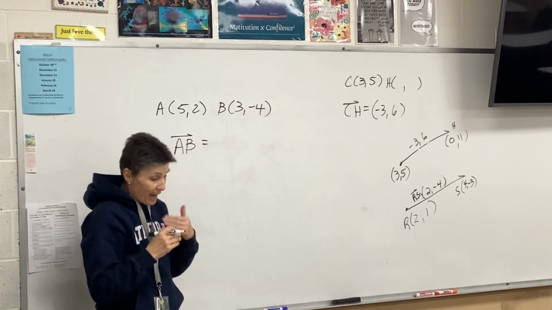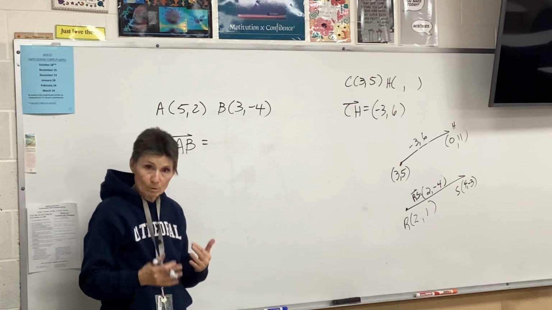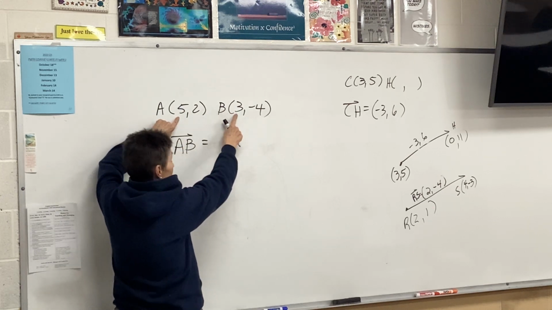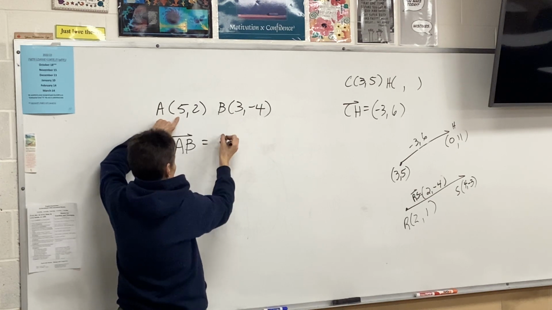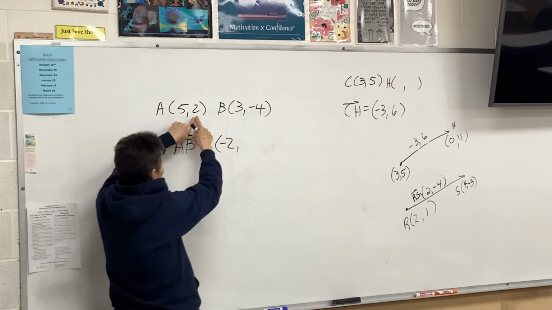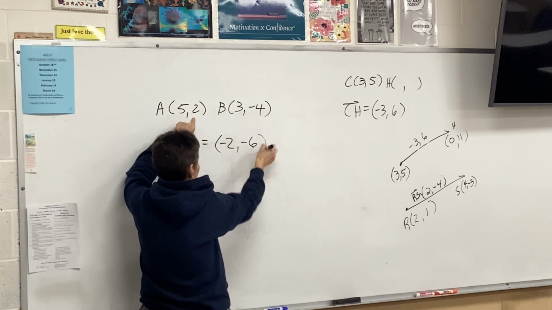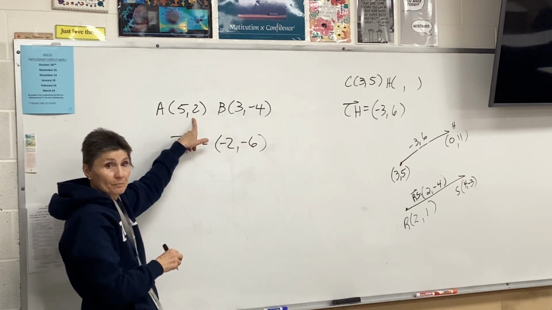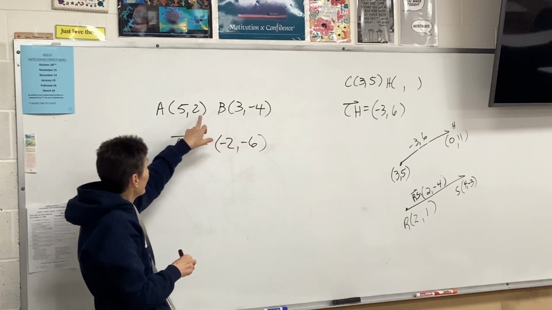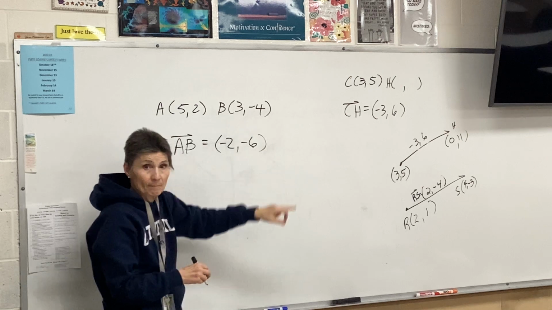In other words, how does this vector move? Well, we go from A to B. That's left 2, we back up 2. And then we go from 2 to -4, so we're backing up 6. This vector moves back 2 and down 6.